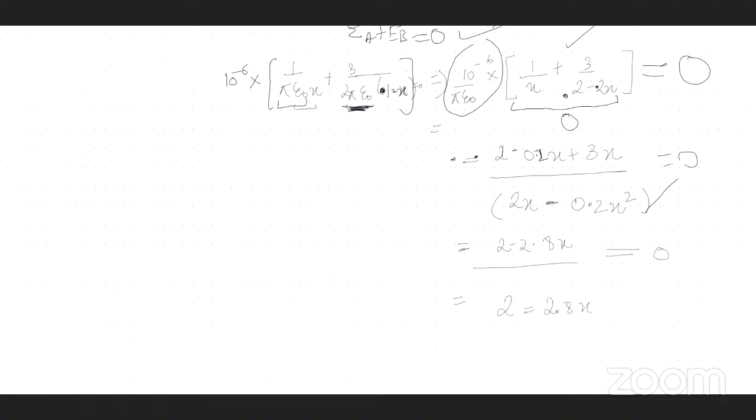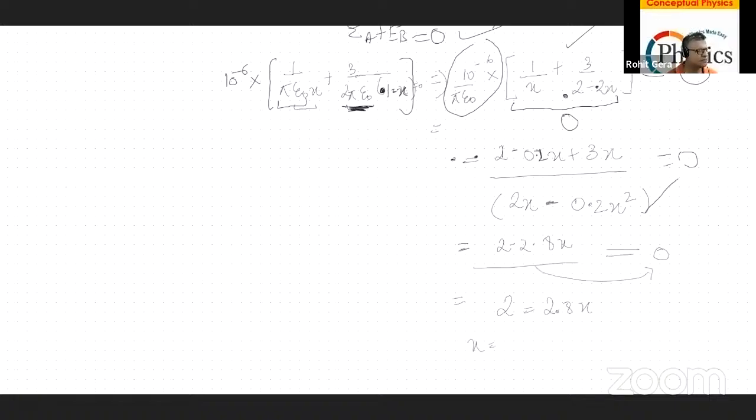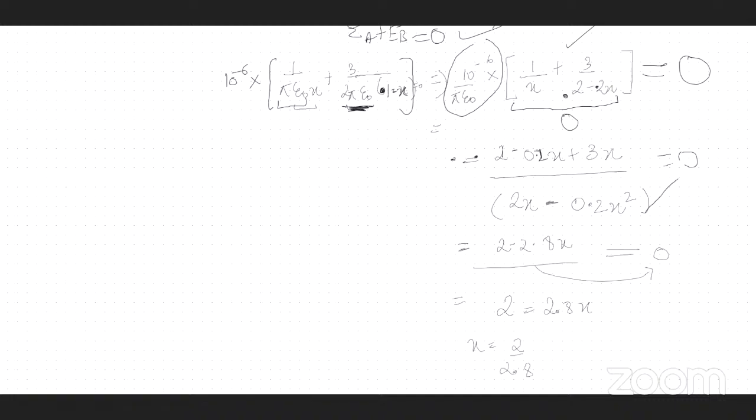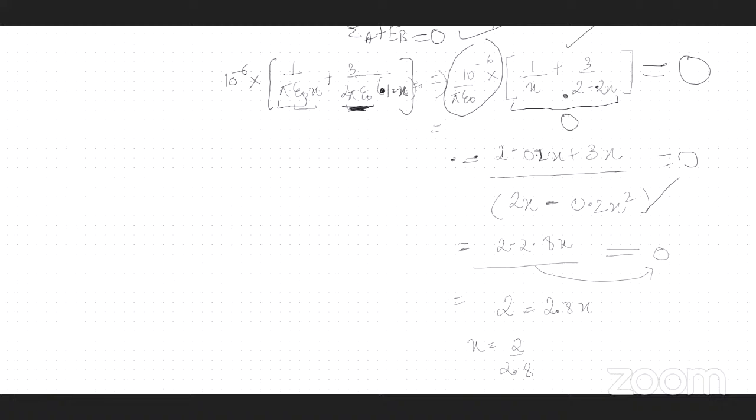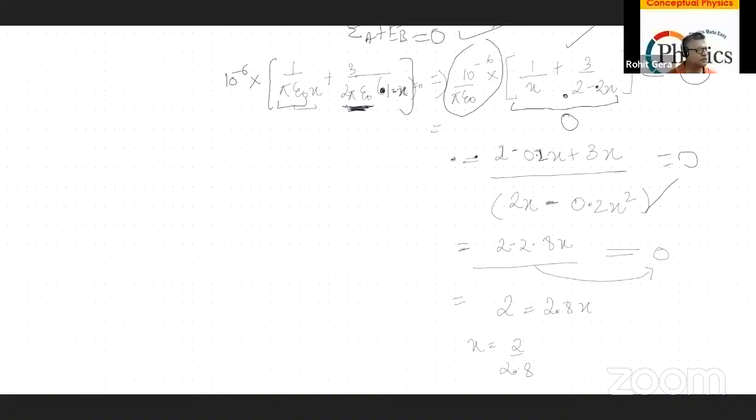I'll add it to this side. So x is 2 by 2.8, right? So it is 1 by 1.4. Can I leave it like this?